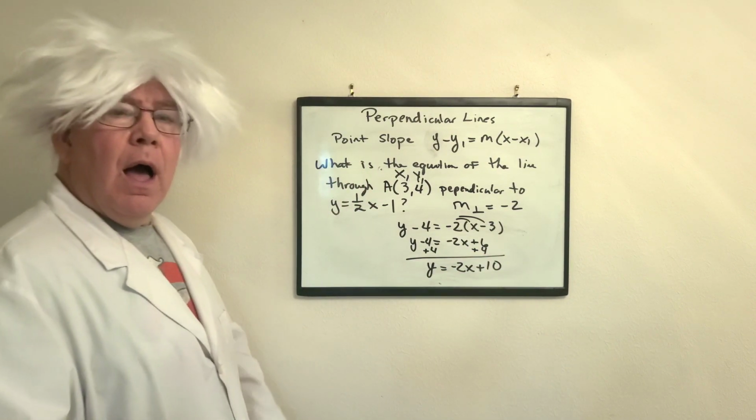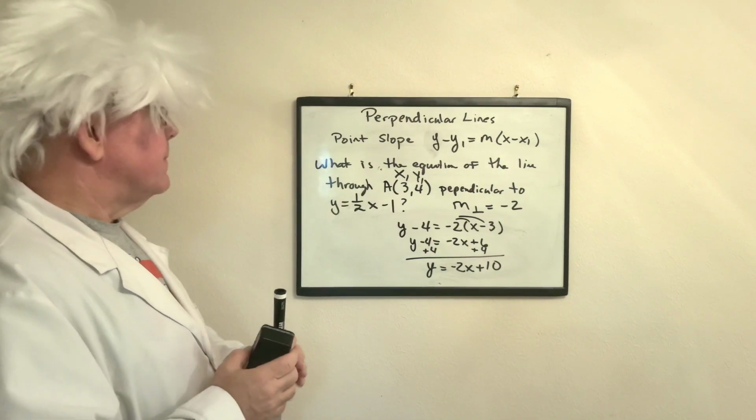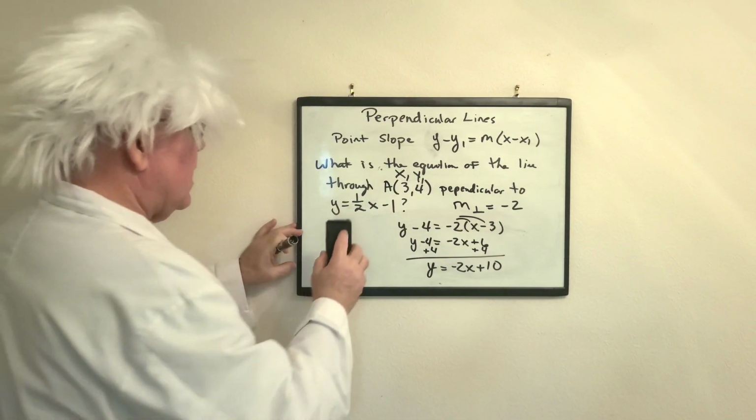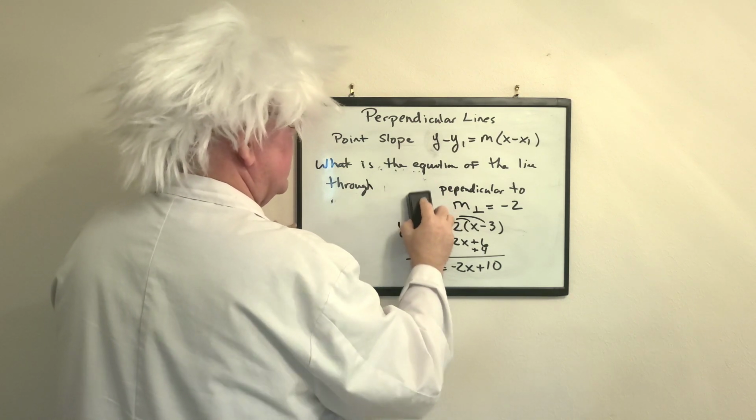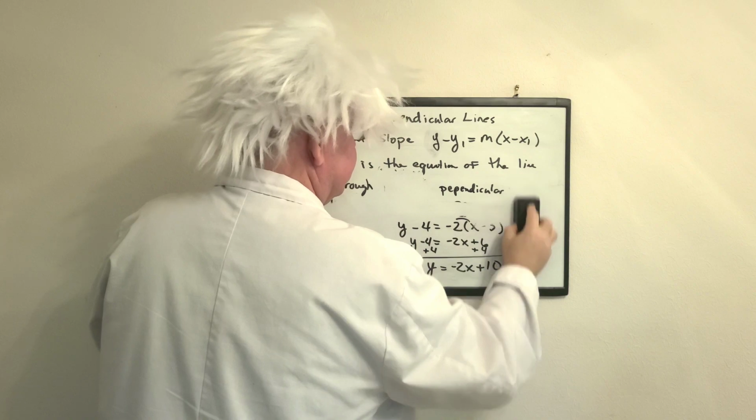Okay? Now, I'm going to give you one to do, okay? So I know that's a lot of mess, but I'm going to give you one to do. And hopefully everything will be copacetic. All right.